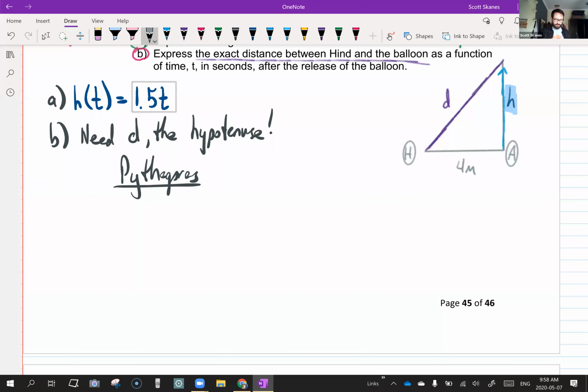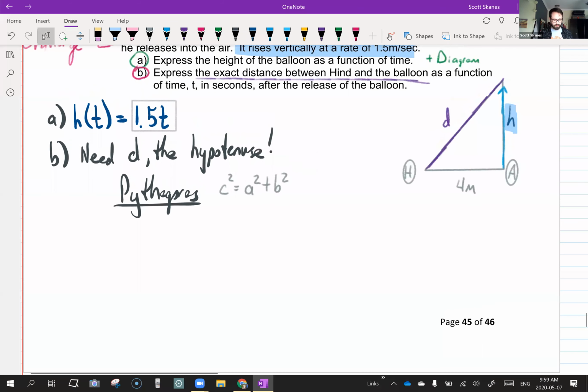We did a lot of it in the first unit. The square of one leg plus the square of the second leg equals the square of the third, the hypotenuse. So let's put these in relating to our diagram. Which one is our C? Well, in this case, C is going to be that distance, D.